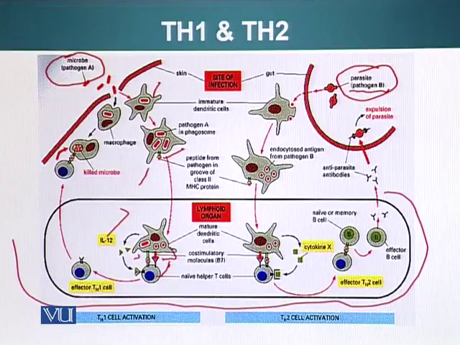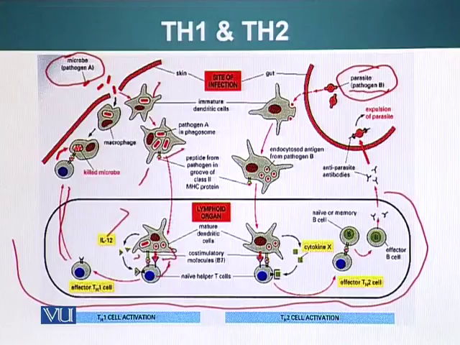Additionally, this dendritic cell is producing interleukin 12 to guide our helper T cell in the direction of helper T cell type 1. This interleukin 12 will cause the helper T cell to become effector helper T cell type 1. Helper T cell type 1 will migrate to the site of infection.